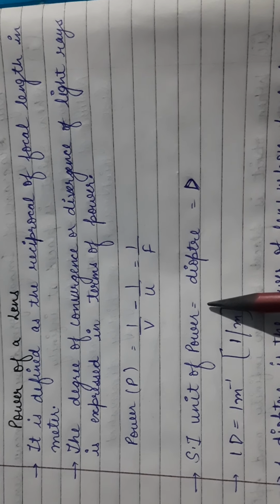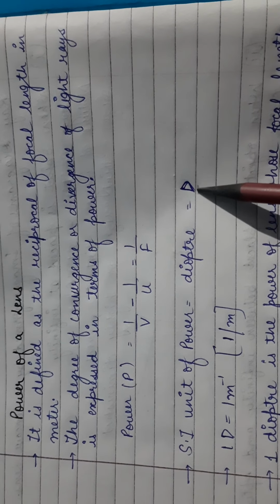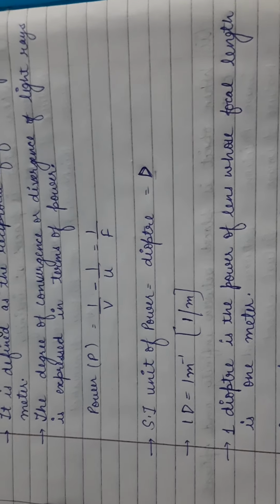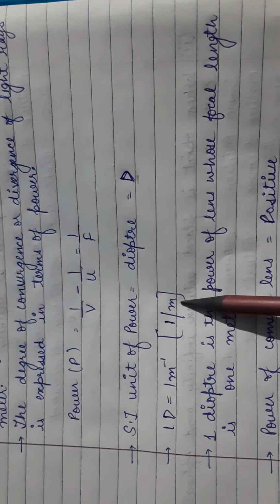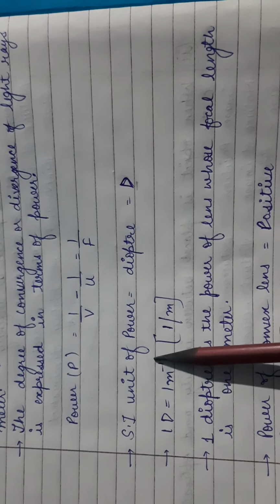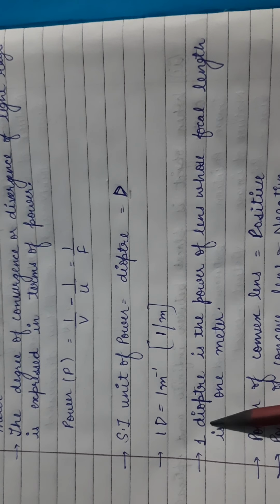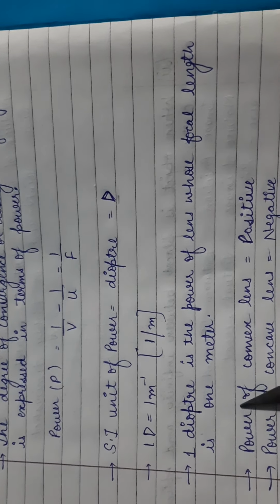The SI unit of power is diopter, which is denoted with capital D. So 1 D or 1 diopter is 1 upon 1 per meter, or 1 meter minus 1. One diopter is the power of lens whose focal length is 1 meter.